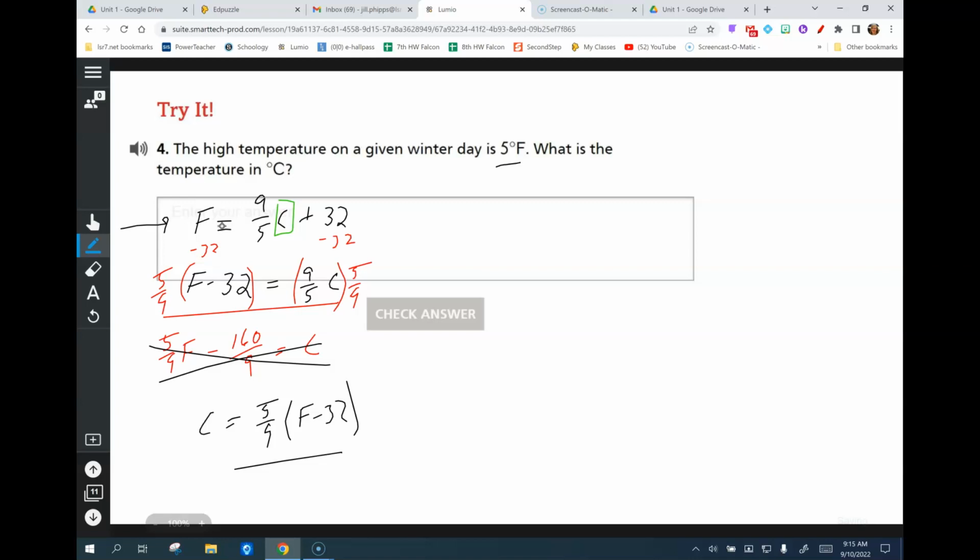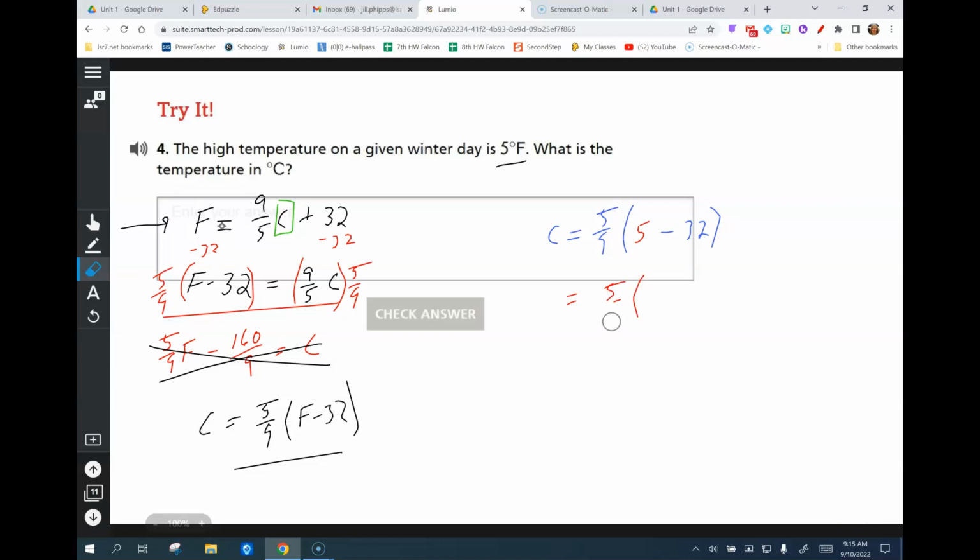Now, we're going to find out what the temperature would be in Celsius. So, we have Celsius is equal to 5/9 times F minus 32, and we plug in 5. Now we simplify this, doing what's in the parentheses first.